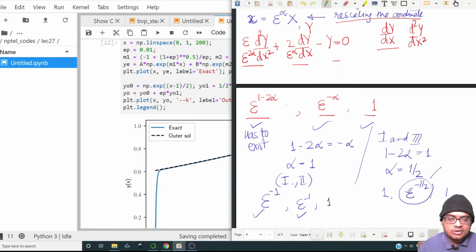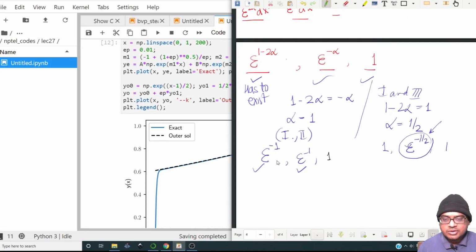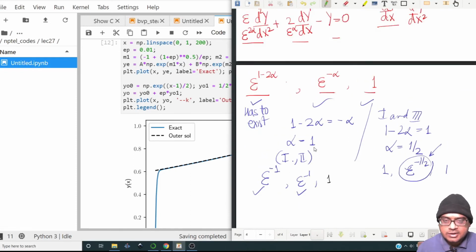So here we are actually again losing the higher order derivative. So this cannot be the correct scaling. So alpha equal to 1 is the correct scaling.